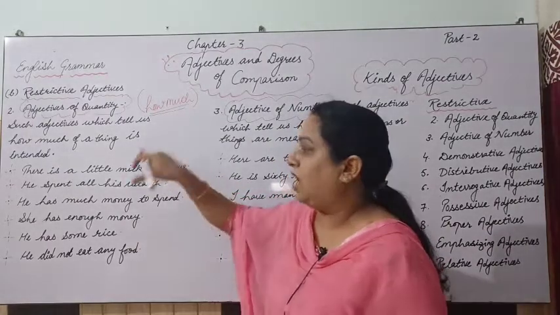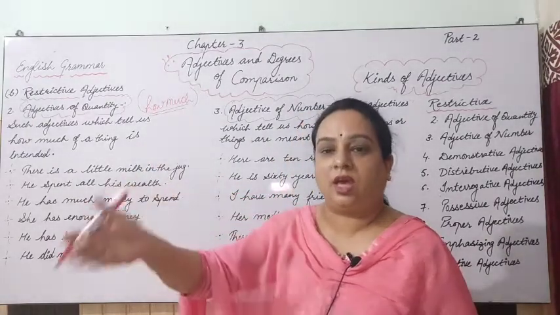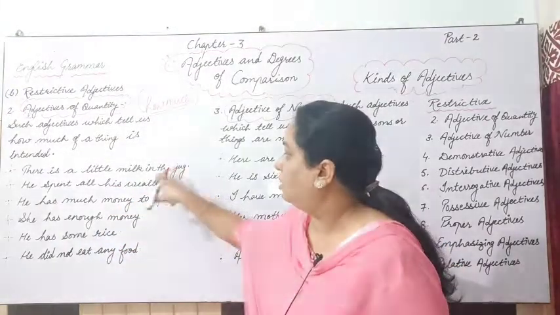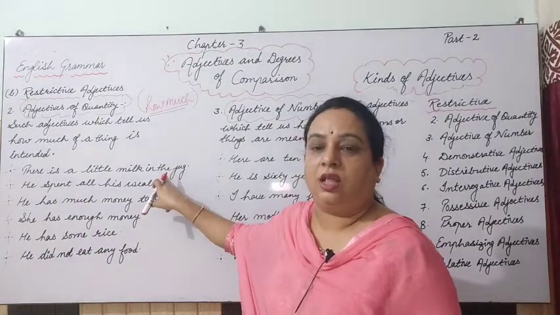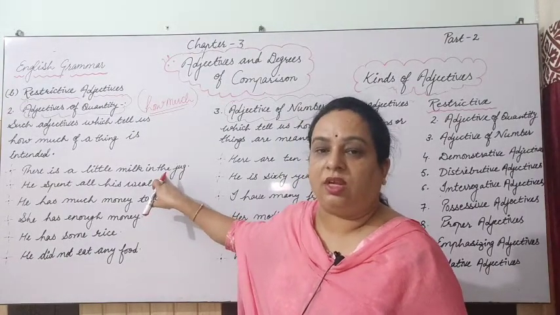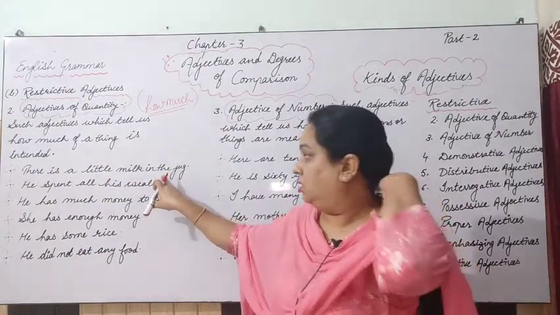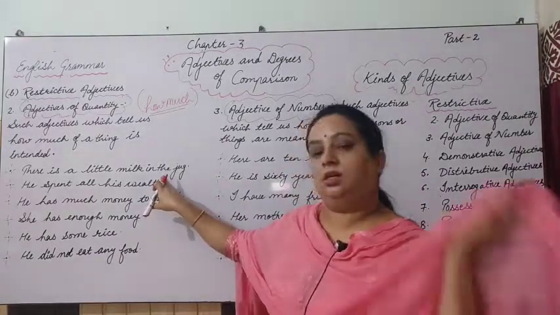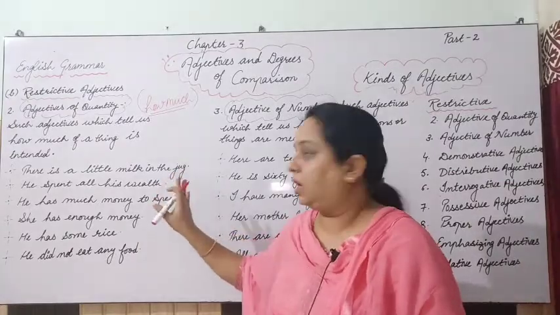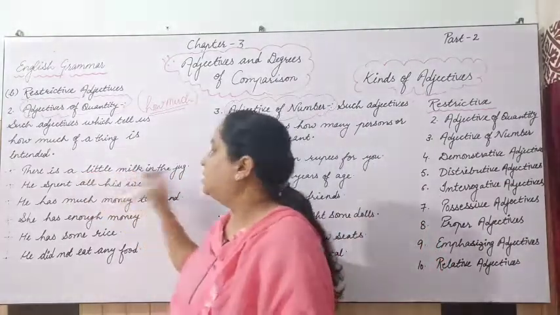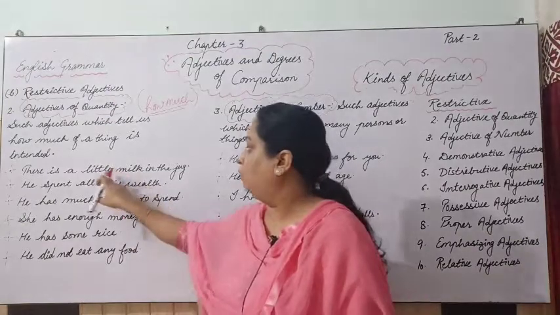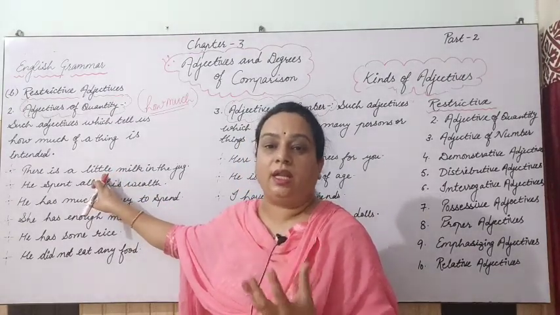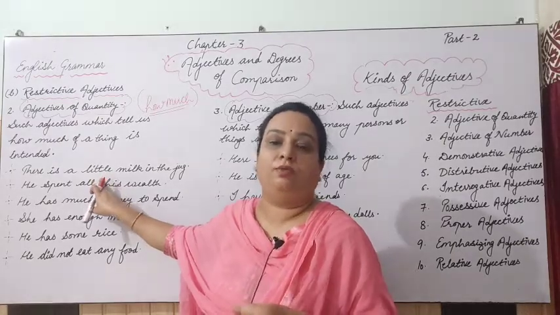So we have to see which noun has the quantity. Jug is there, and before that there is 'the', and 'the' is not an adjective, that is a determiner, right? So jug will not give us our answer. Second is 'there is a little milk'. Milk is a noun, and this word little is telling us the quantity, how much milk we have.